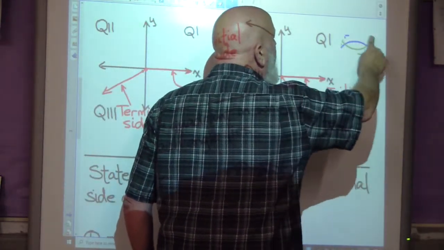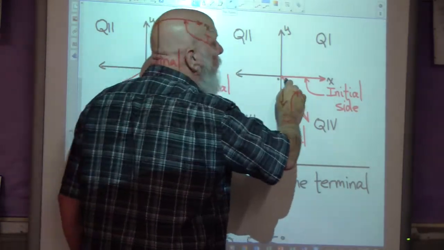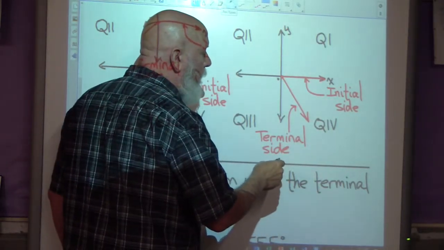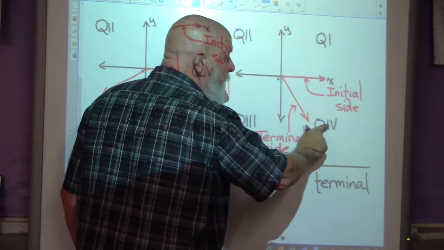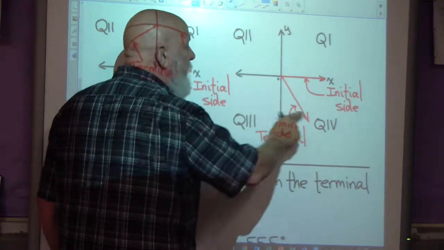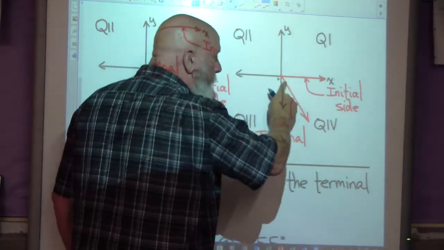And we have an example here of fourth quadrant. Again, our initial side is always the positive x-axis. And if our terminal side is in this quadrant, we call that quadrant 4. Quadrant 1, 2, 3, 4. And we could rotate positively or negatively and wind up here.